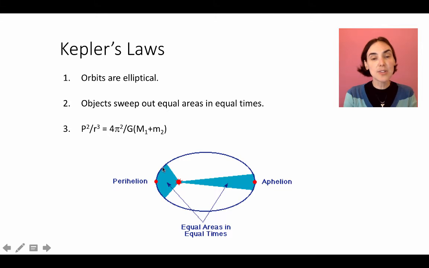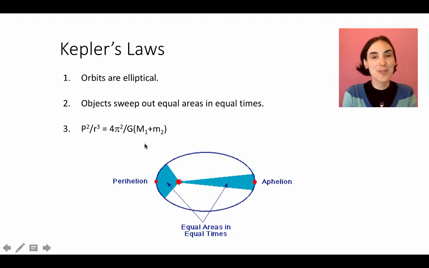And the secondary star will sweep out the same amount of area in the same amount of time, meaning that when it's closer to the primary star, it's going to have to move faster so that this blue area is the same as this blue area swept out when the secondary star is farther away from the primary.